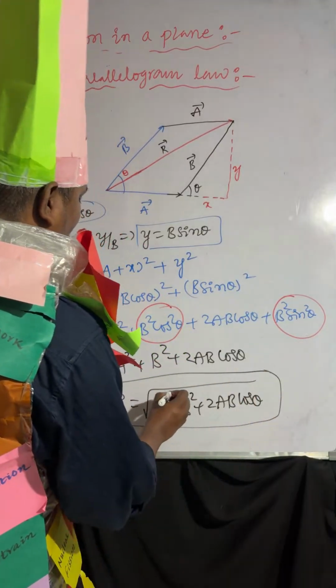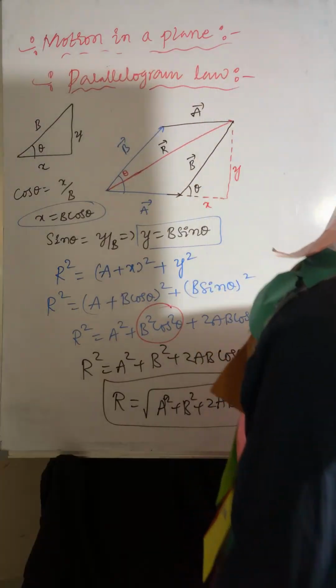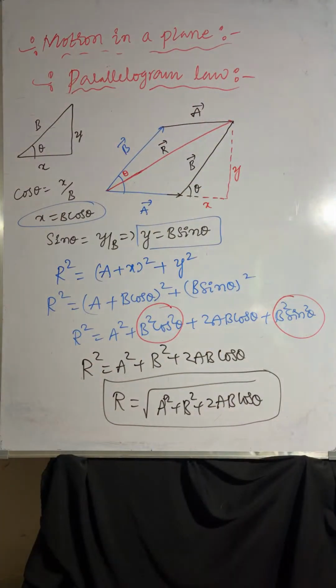This is the formula. I hope it is very clear. Understood or not? So this is about parallelogram vector addition.